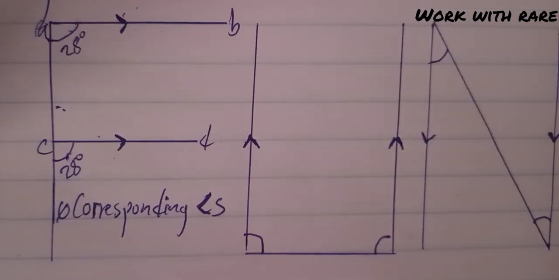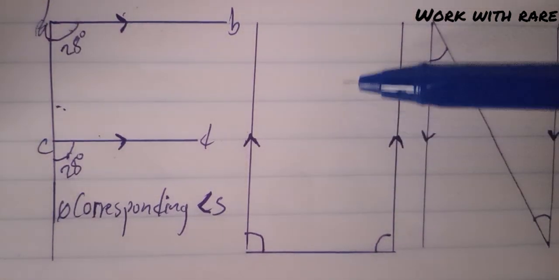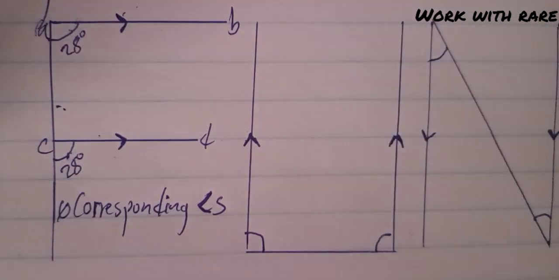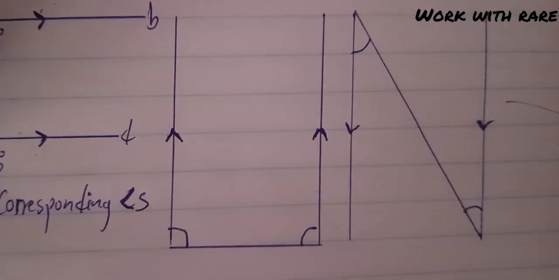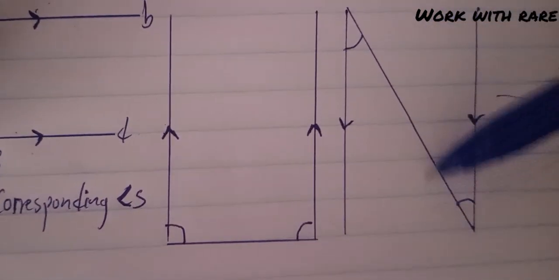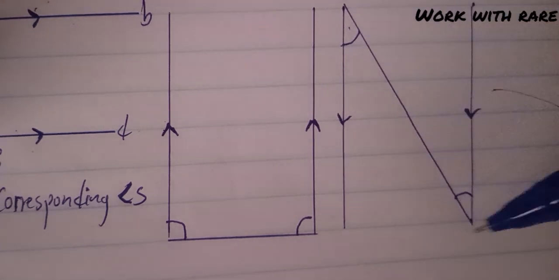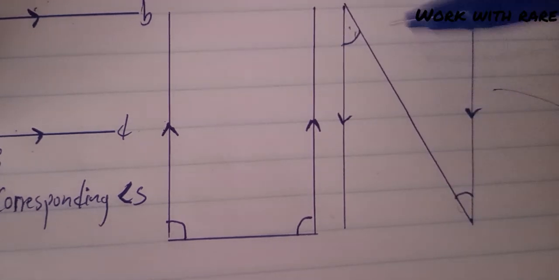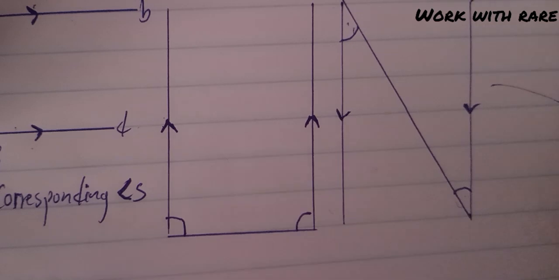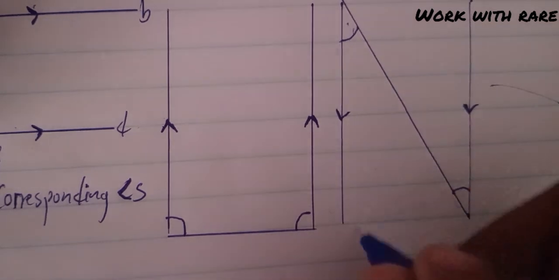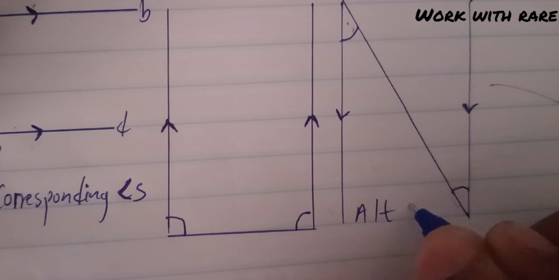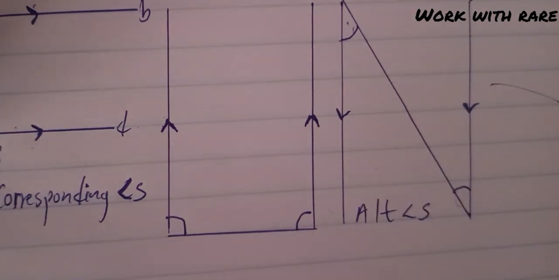Okay, so this one is U, so let me skip this one. I will tell you why after. So this one is N. These two angles, they alternate. So when you give a reason for this statement, you'll say alternate angles.